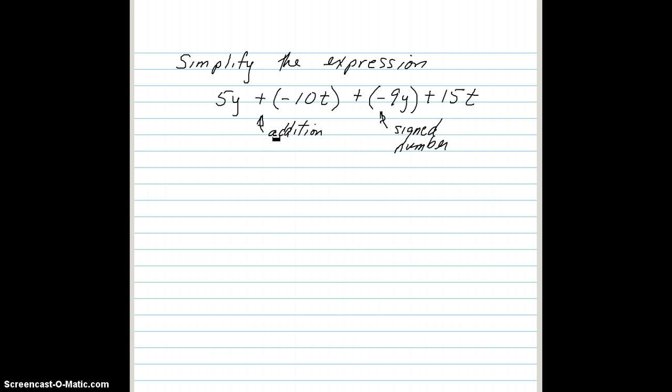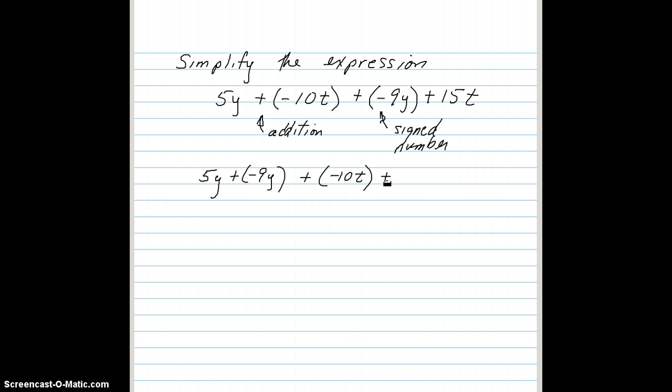So I'm going to add these numbers by combining like terms. That's how we simplify expressions, remember. They don't have an equal sign, so I'm not going to add one. I'm going to group the y's together, 5y plus a negative 9y. Then I'll group the t's, so plus, just moving things around.